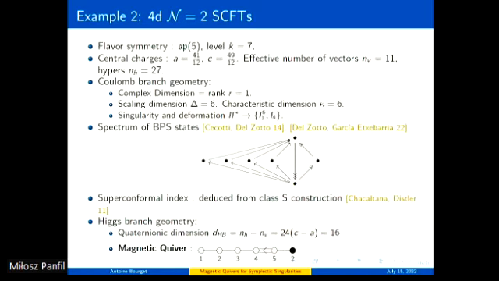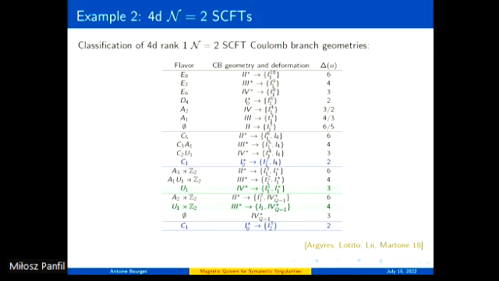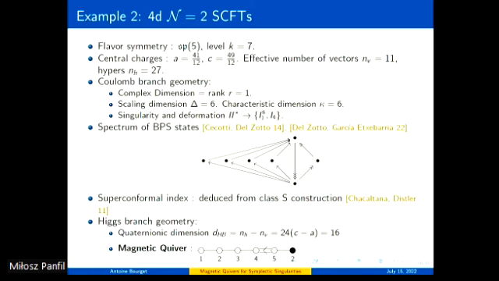To give an example, I picked one randomly: the first in this category here, the C5 theory. Just to illustrate what I said in the previous slide, how can we characterize this thing? We can compute the flavor symmetry, the level, various central charges.